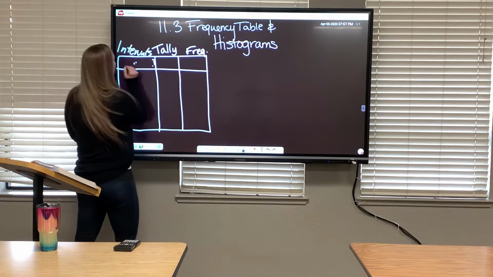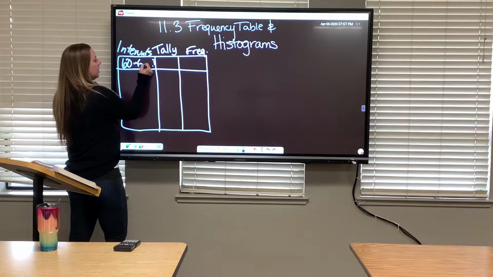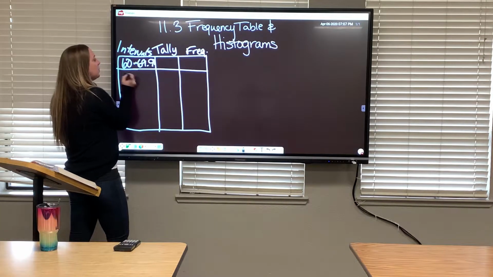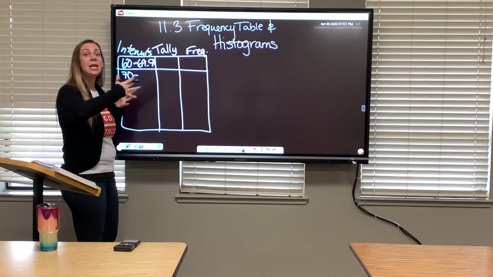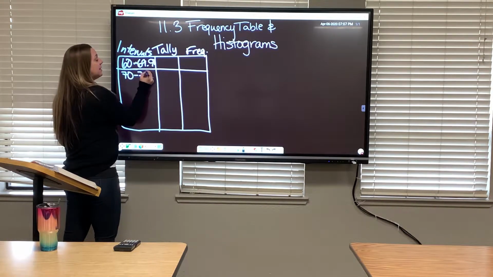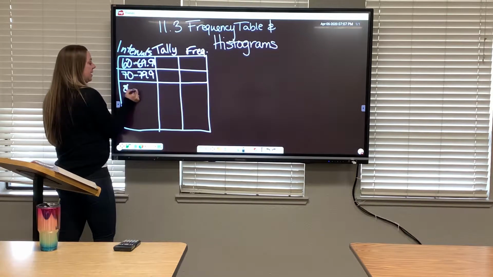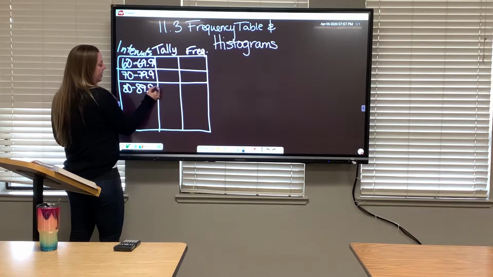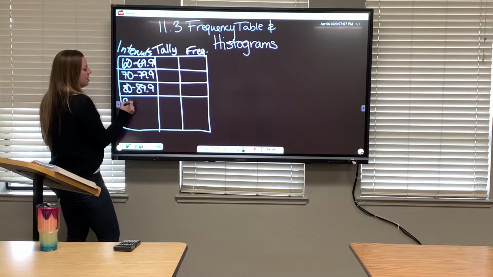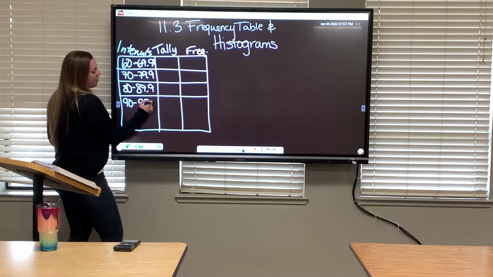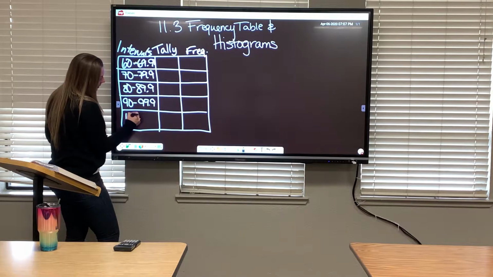my next one is going to start with 70. It also needs to be the same equal amount, so it's going to go to 79.9. And then I do 80 to 89.9. And remember, we went all the way up to 126 something, so we're going to have to make sure that our intervals include numbers all the way up to that.